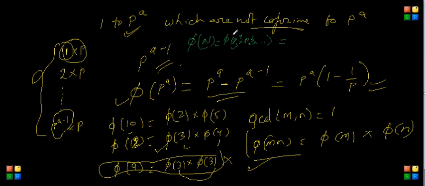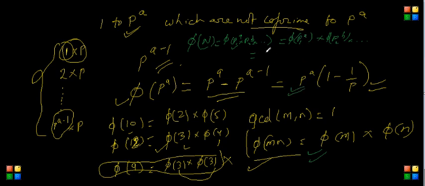So note that every term is relatively prime to the other terms, right? The first term, second term, third term, any term are relatively prime to each other. So as established here, I can always open this phi and distribute across the individual terms and take the product. So I can write it as phi of p1 to the power a into phi of p2 to the power b, and so on. Now I already know what phi of p to the power a is.